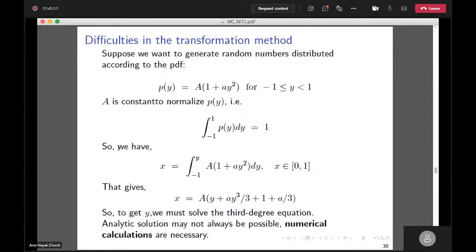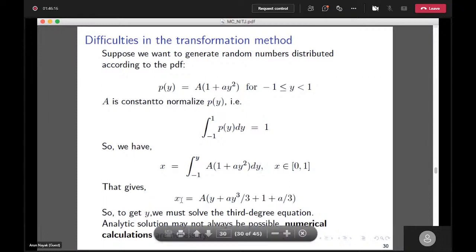Now we generate random numbers using a uniform distribution, and we want to get this distribution P of y. Using the previous conservation of probabilities, we end up with x equal to the integral from -1 to y of P of y dy, while x is distributed between 0 and 1.